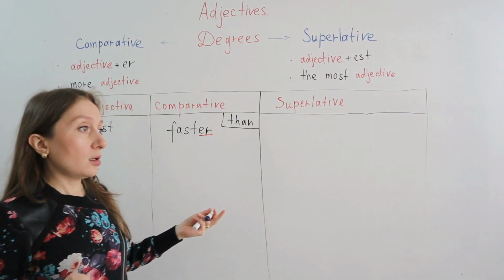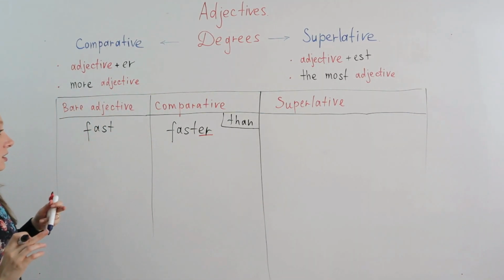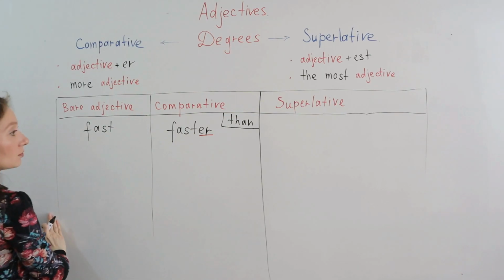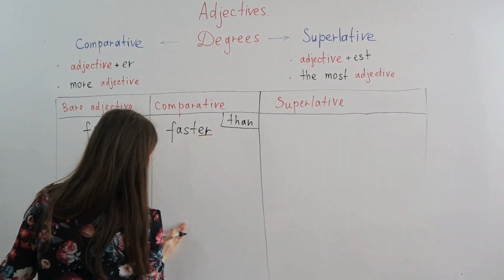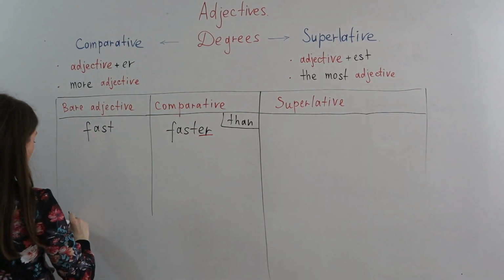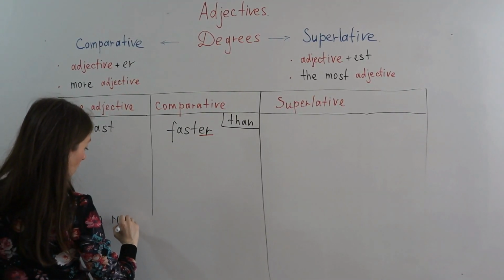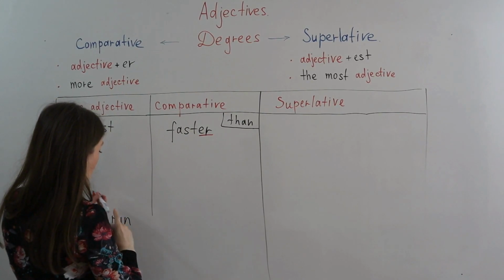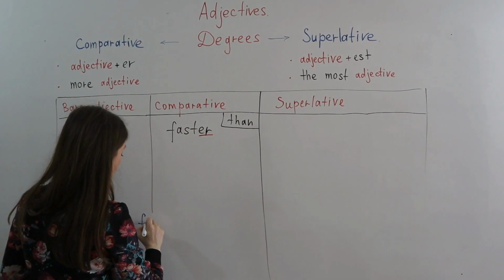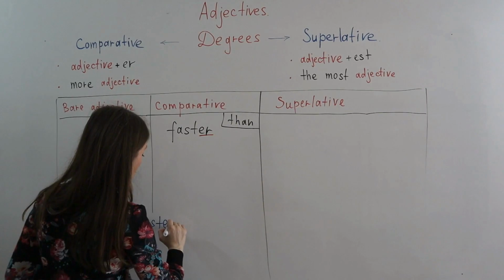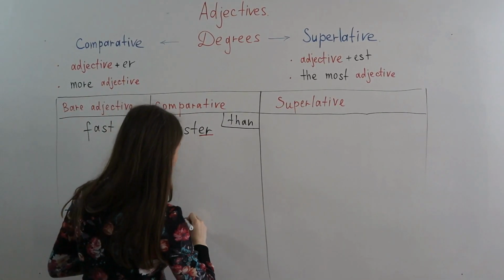For example, I will write the sentence for you. I can run faster than you.